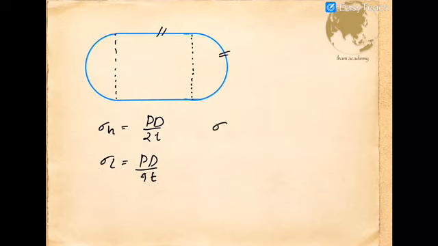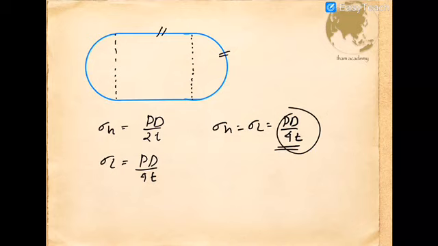In the spherical portion, the hoop stress and longitudinal stress will be the same, PD divided by 4T. So you have to remember that in this kind of combination, the stress distribution along the shell will be different in the spherical and cylindrical portions.